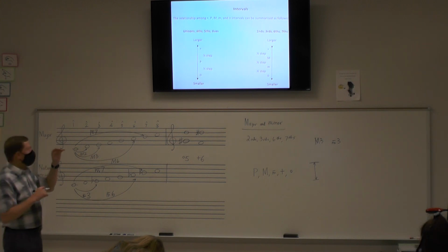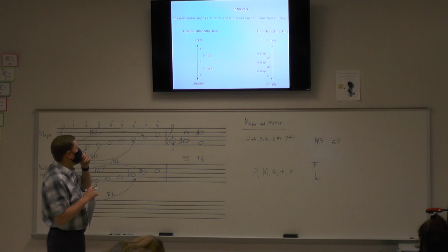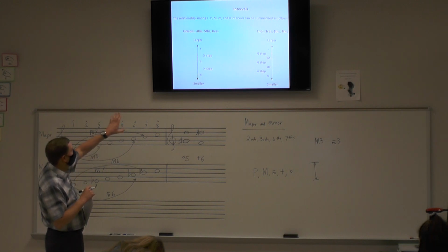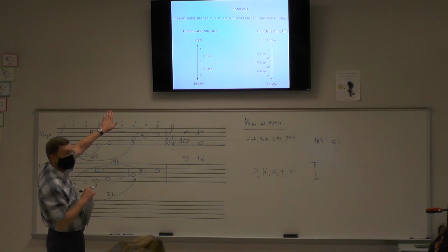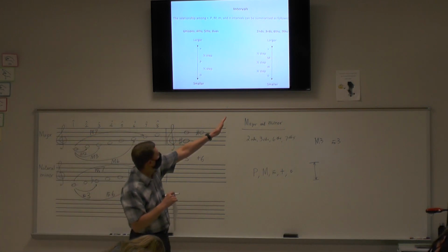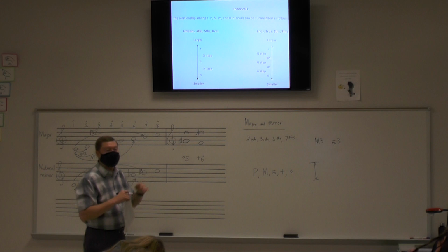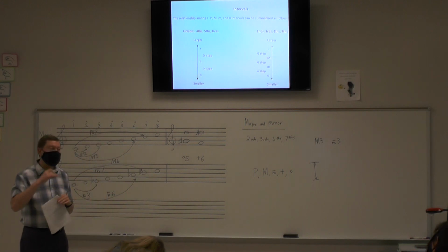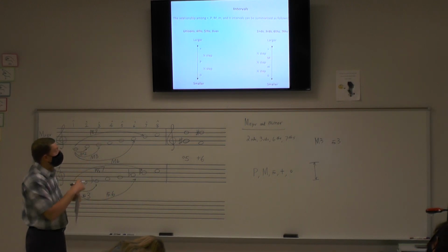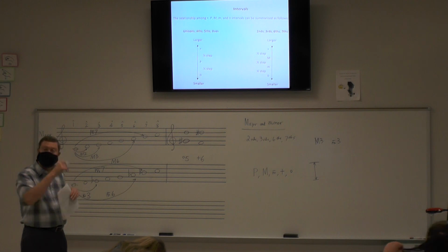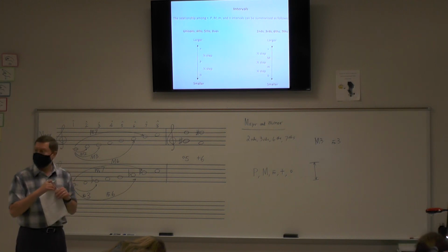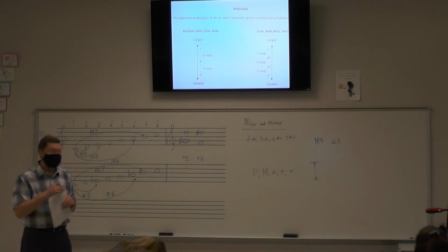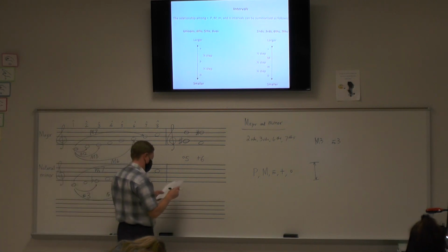So again, I think you can deal with these intervals no problem if you understand, first of all, are you dealing with the perfect chart over here with only 3 floors, or are you dealing with the major and minor stuff over on the right with 4 floors to go between? And if you know the relationship, it's always just a half step to knock you down to the next interval, or to knock you up to the next interval.